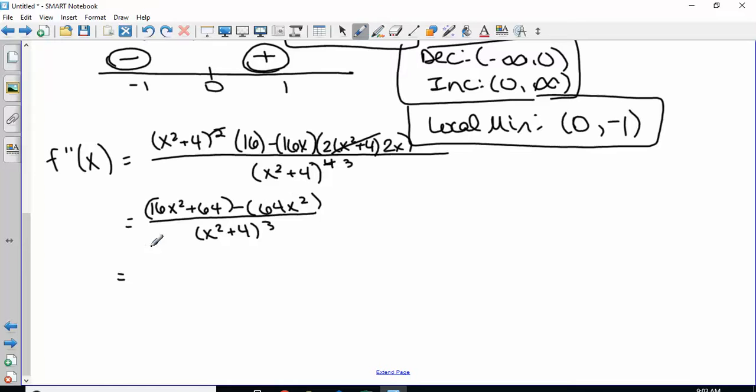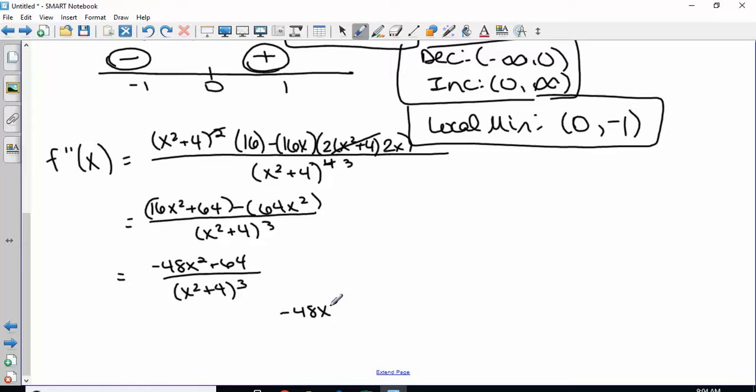Alright, so then we get negative 48x squared plus 64 over the denominator. Inflection points are where this is 0 or undefined. It's undefined when the bottom is 0, which we've already established can't happen.